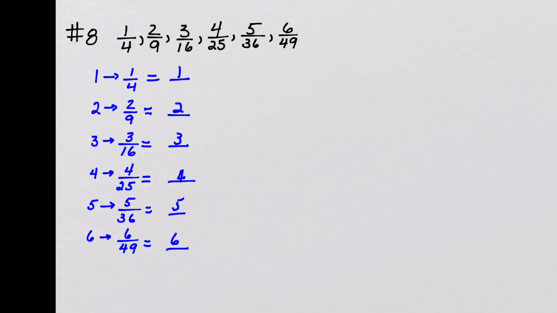Now how about the denominator? Here we've got 4 and then 9, 16, 25. I notice that these are all perfect squares. So that's 2 squared, 3 squared, 4 squared, 5 squared, 6 squared, and 7 squared.